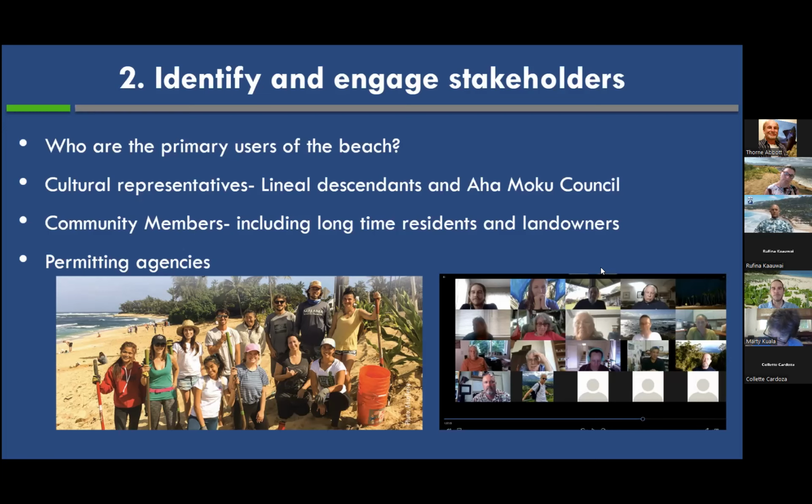It's important to involve the local Aha Moku Council. The mokus are traditional Hawaiian districts that are found throughout the islands, and it's important to know what moku you're doing a restoration project in. And each one of those mokus has a representative that you can reach out to. And then, of course, the permitting agencies from the state and county side.